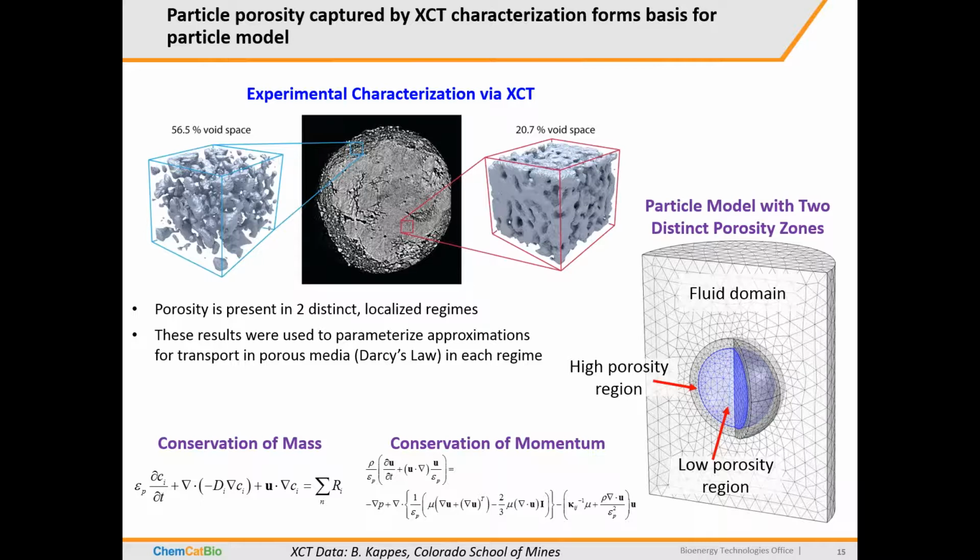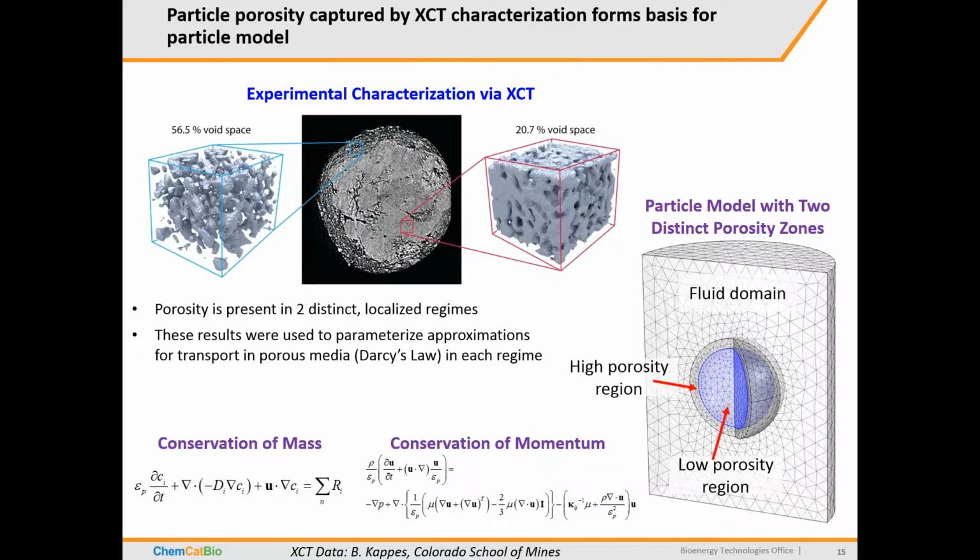Our approach is to use very detailed characterization of catalyst particles to measure the porosity directly, with image analysis that we perform on XCT reconstructions. In this particular example, the catalyst particles we were working with have two distinct porosity domains, where the outer region has much more void space and the inner region is much more dense.